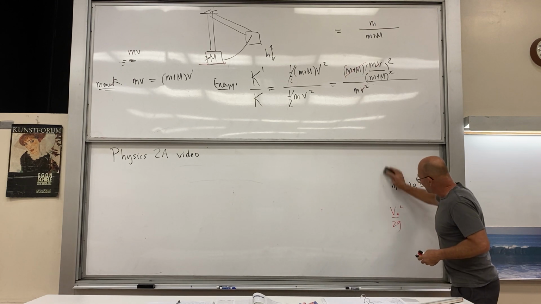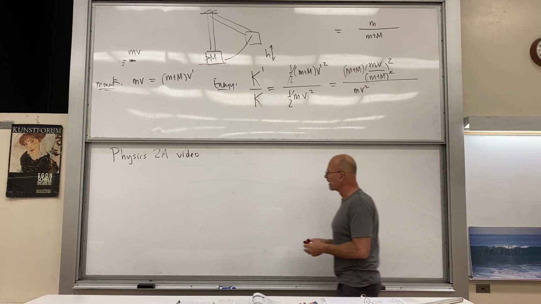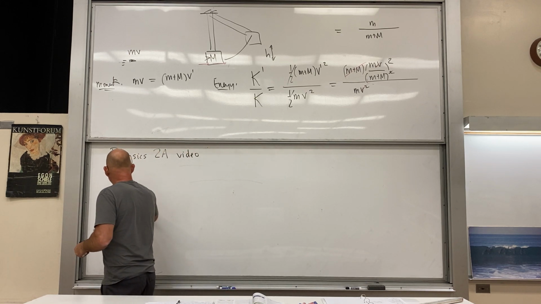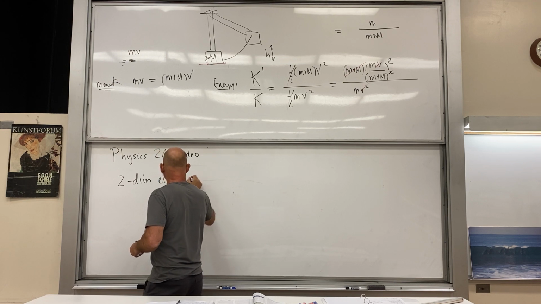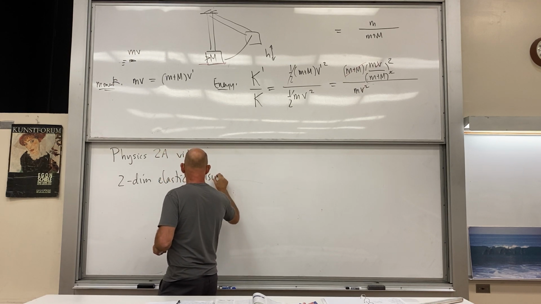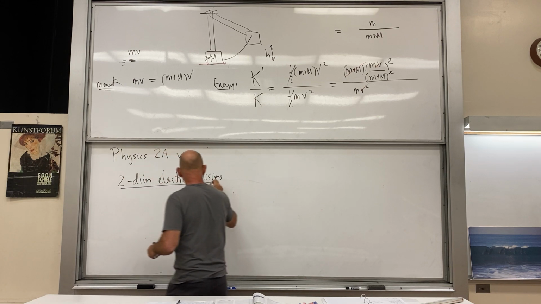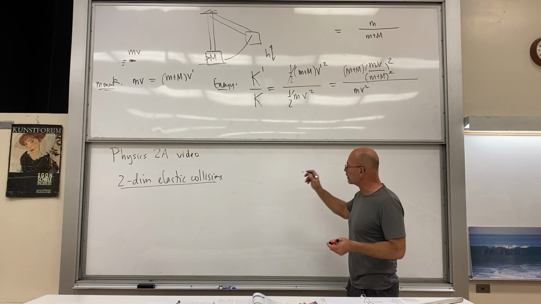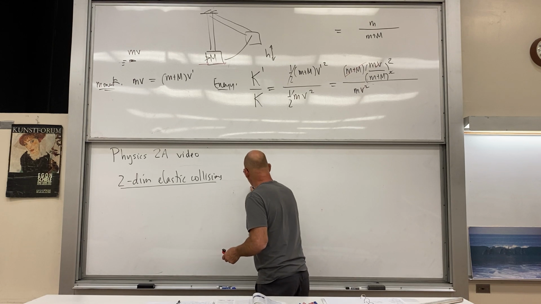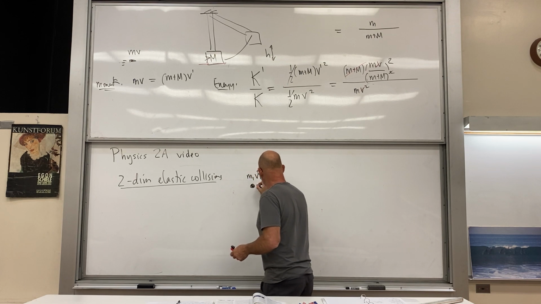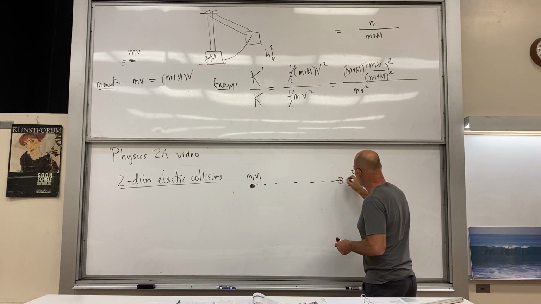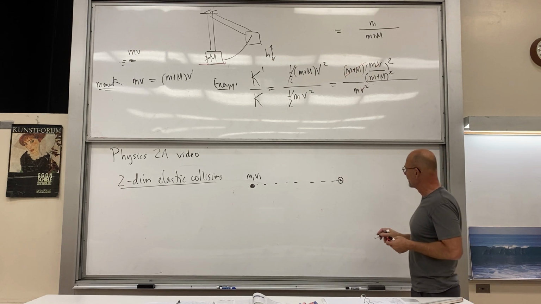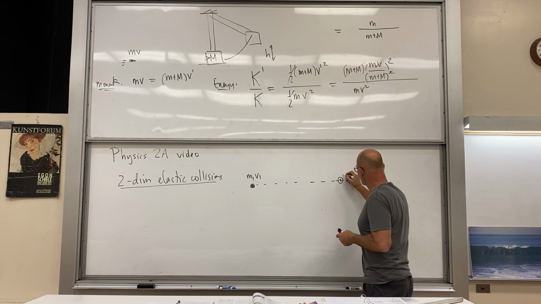So let me draw again our two-dimensional collision where I was talking billiards. So, two-dimensional elastic collisions. I just want to draw this scenario and say a few more words about it. We have on our x-axis M1, V1, and we're headed for a collision with our target M2. And then there's going to be what's referred to as scattering.